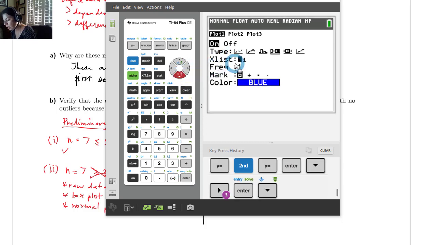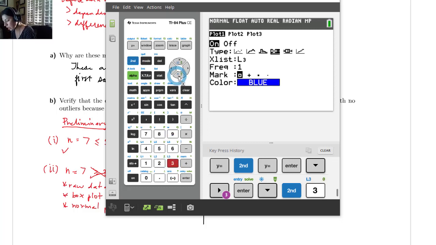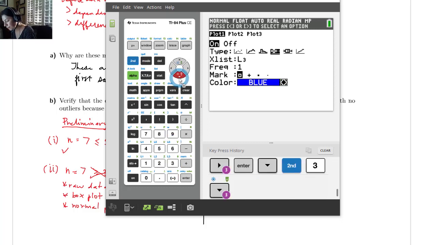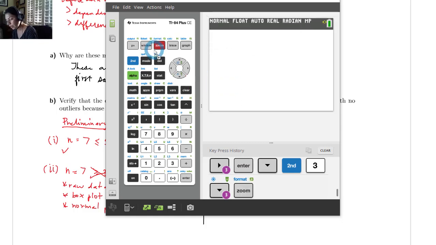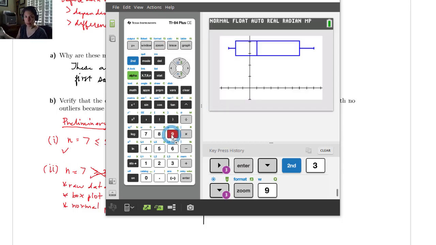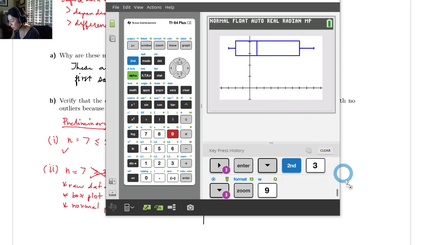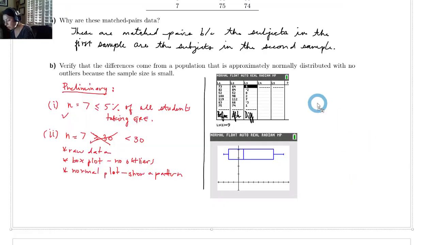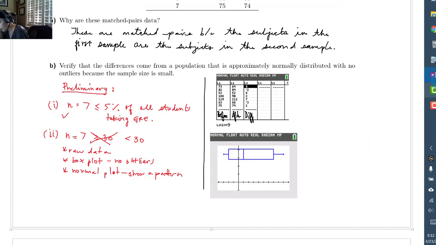I'm going to do it not on list 1 or list 2, but on my differences, and I mark mine blue. Now remember, don't hit graph; go to zoom, zoom stat, zoom 9, and it'll make a nice little picture. We can see that there are no outliers here. Now let's make the normal probability plot.